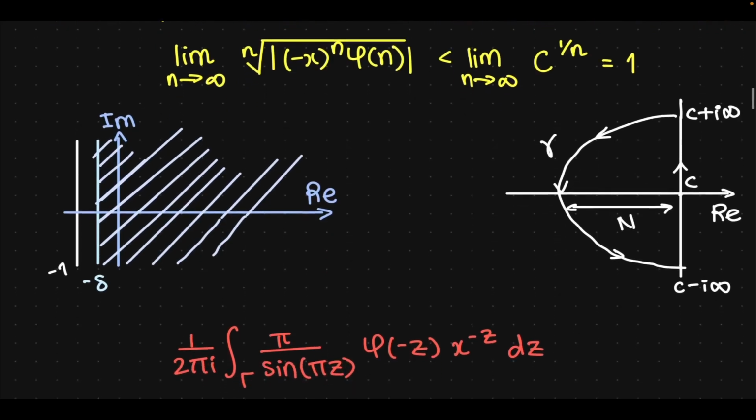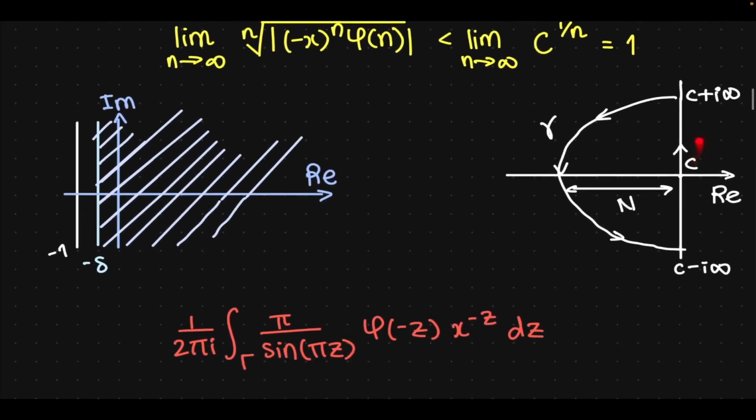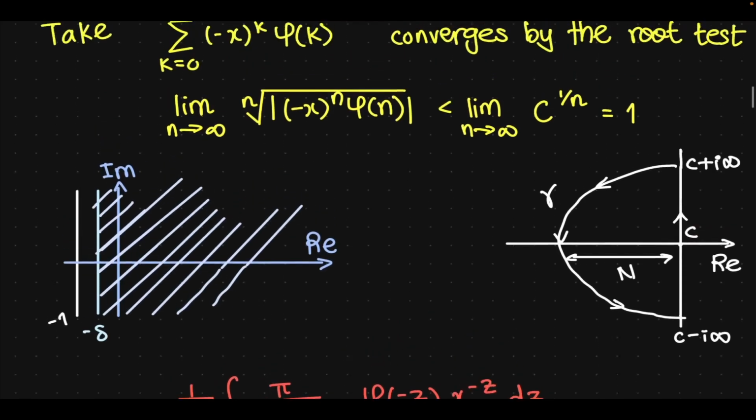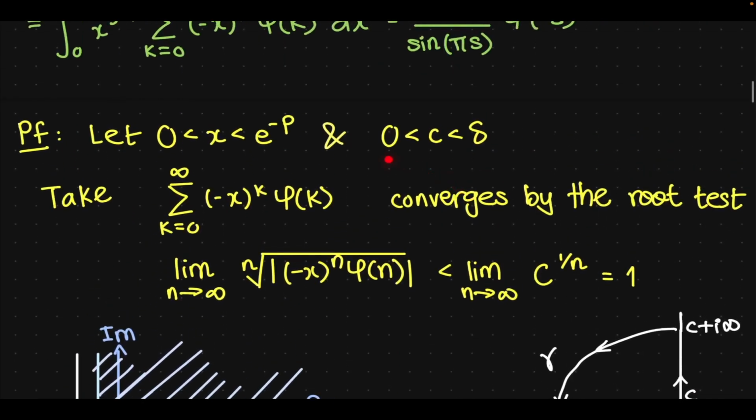What we actually are going to use though is this contour that we're going to integrate on. The contour, which I will call capital gamma, consists of this vertical segment from c minus i infinity to c plus i infinity. That should tell you that the center of this semicircular contour, the center about which we have the semicircle, is c, and c, as we know, is a real number between 0 and delta.